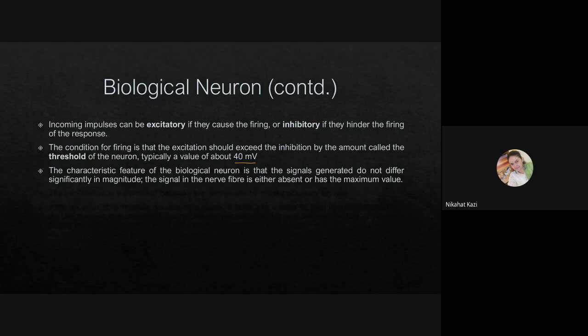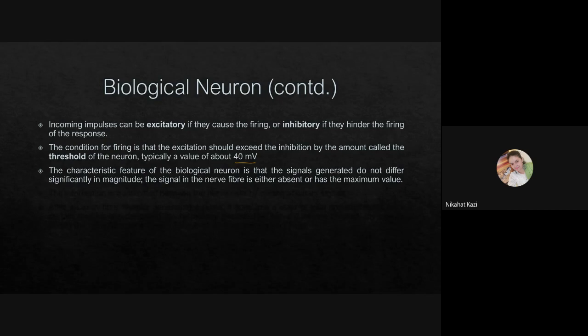The characteristic feature of the biological neuron is that the signals generated do not differ significantly in magnitude. The signals are almost the same in magnitude, but the type of signal could be inhibitory or excitatory. The signal in the nerve fiber is either absent or has the maximum value.